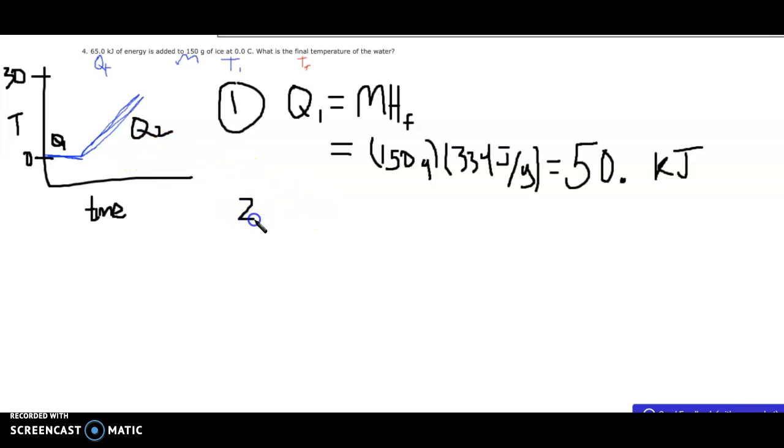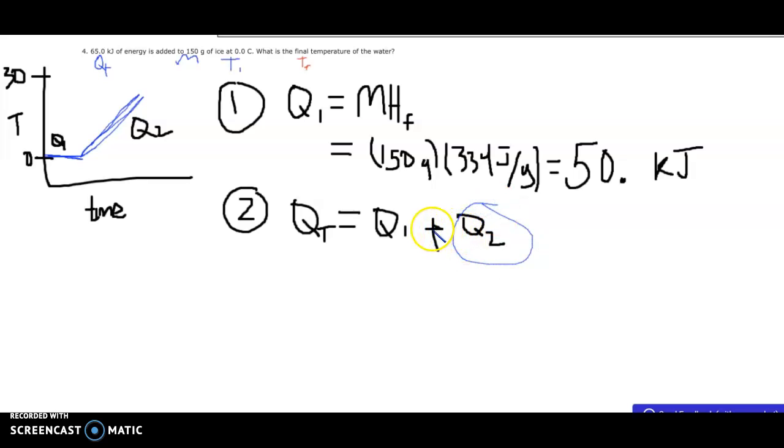The next step is we need to figure out Q2. This is another one of those problems where they already gave you the total Q, so we can use Q total equals Q1 plus Q2. What we're going to do is try to find that Q2. So we have to move our variables; all we have to do is subtract Q1 from Q total.